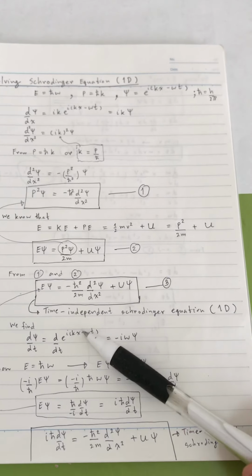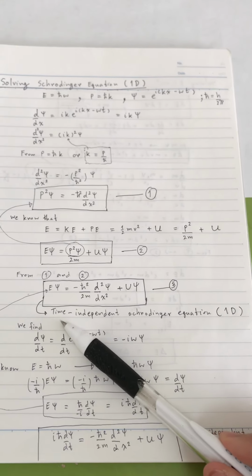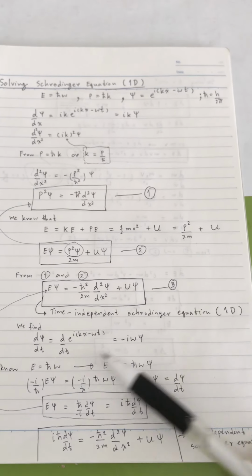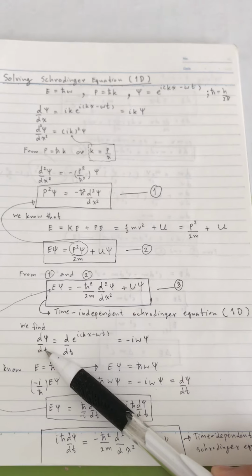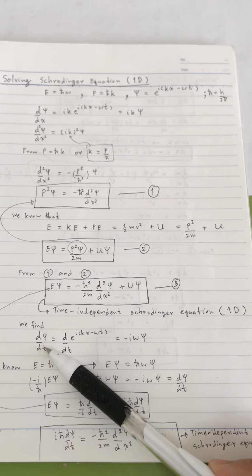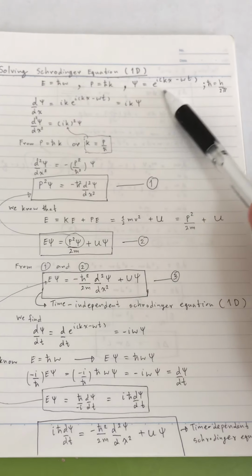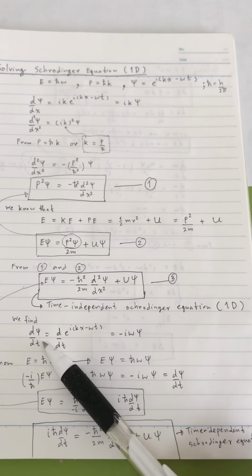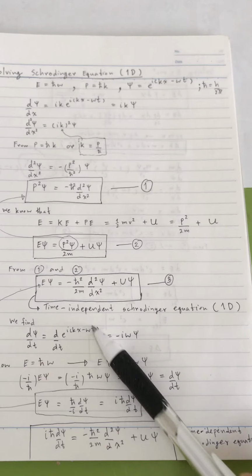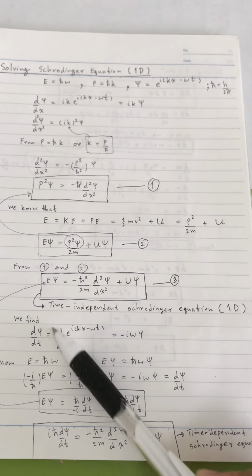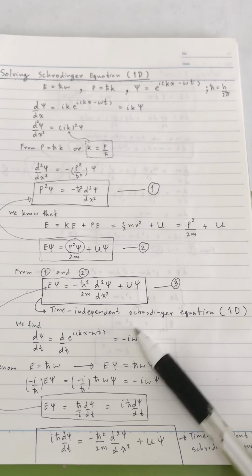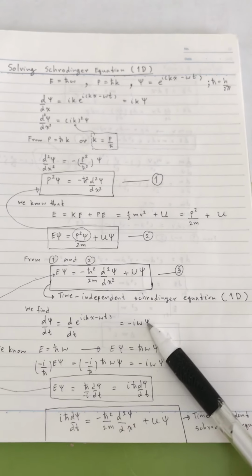So next, if we want to derive the time dependent Schrodinger equation, we start with the wave function again, but in this case we differentiate the wave function with respect to time, and then we obtain minus i omega psi, as you can see here.